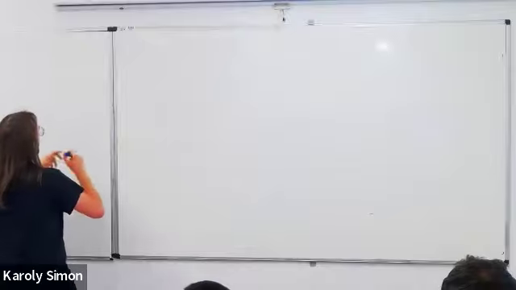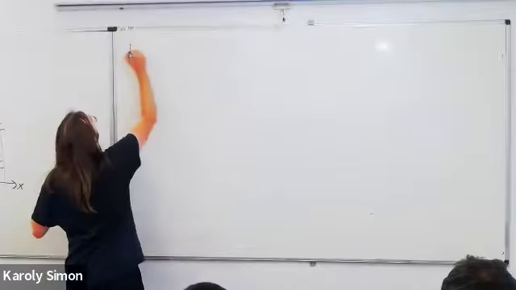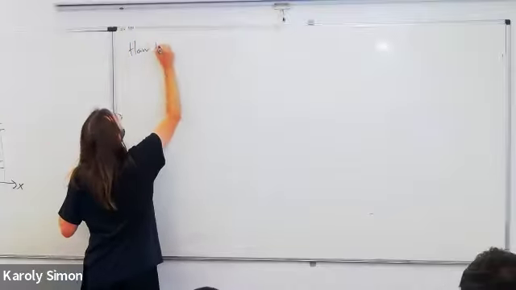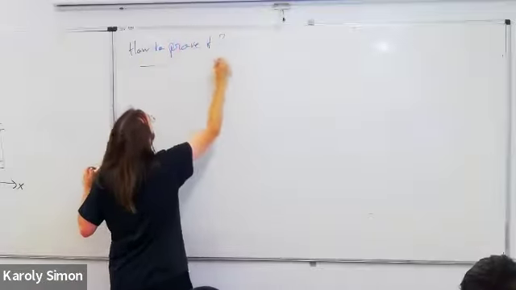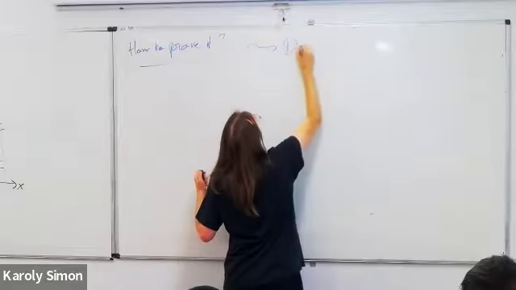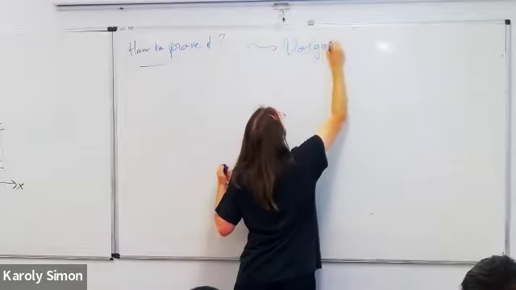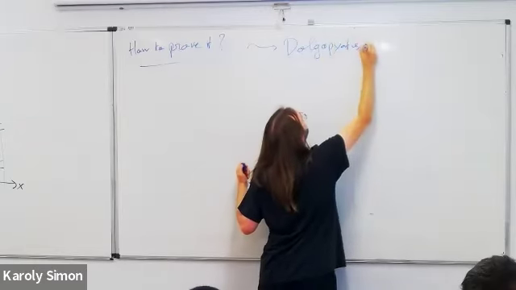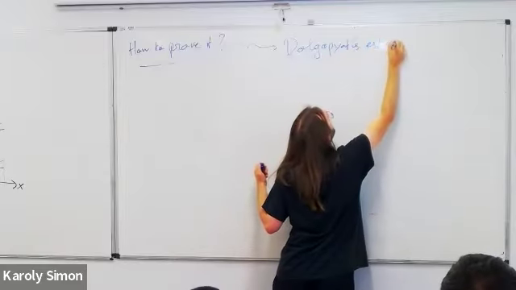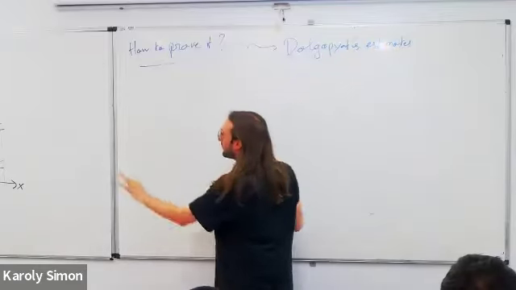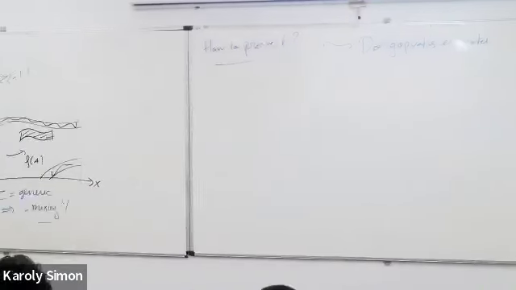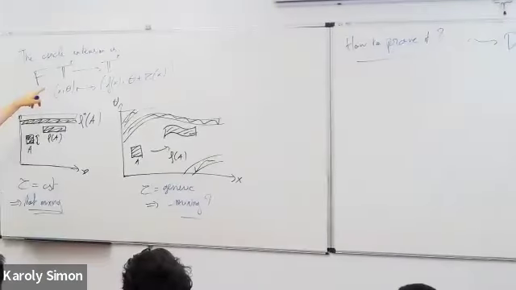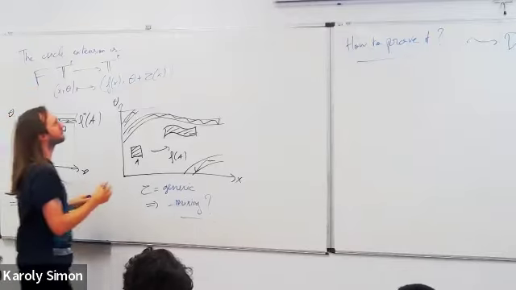So, how to prove something? The answer is what we call the Dolgopyat estimate. In this specific case that I am looking at, I forgot to tell you, of course, there is a measure which is invariant by f, which is the Lebesgue measure of the torus.